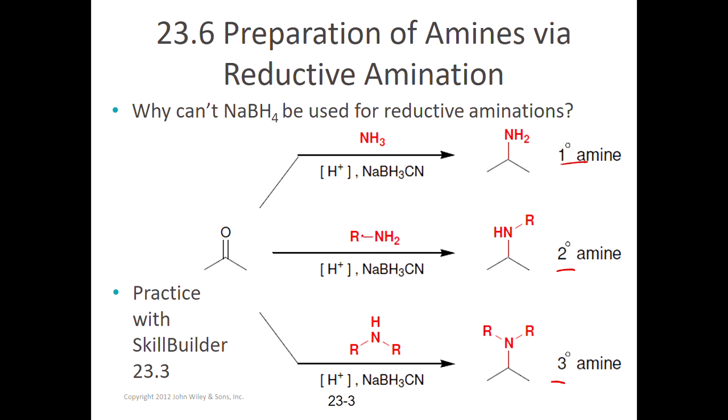So as we said, the nitrogen nucleophile and the H plus are necessary to get it started. The H plus starts off the mechanism by protonating the carbonyl, making it a much better electrophile. Then this attacks, and then as we saw in chapter 20, there are a number of proton transfer steps that occur to make the imine.